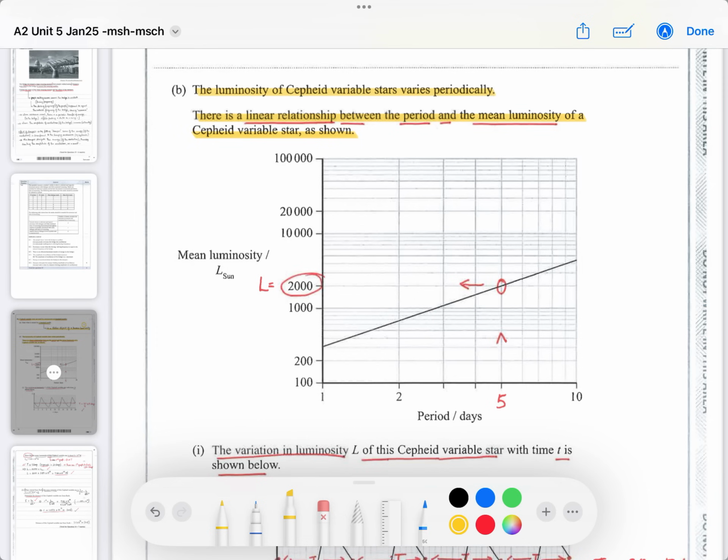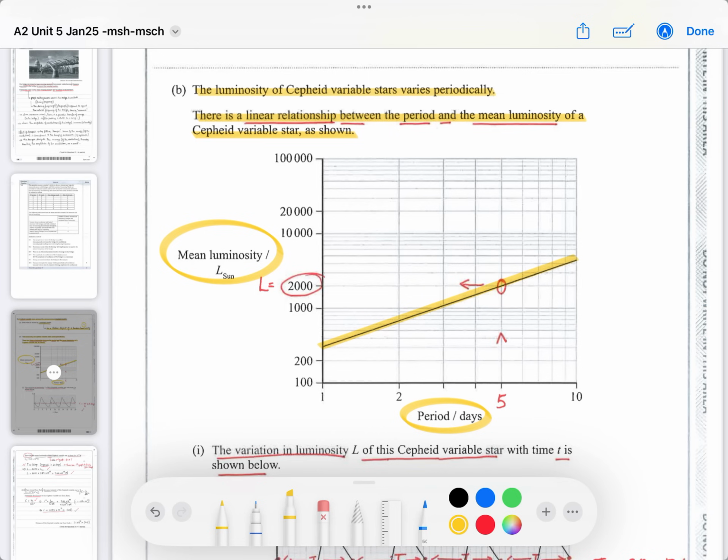So basically someone has gone and measured all the mean luminosities of Cepheid variables and compared them to the period of the Cepheid variables. So it's not one Cepheid variable, it's all of them. And notice that there is a straight line correlation for all this type of stars.